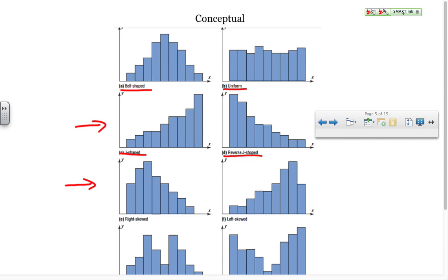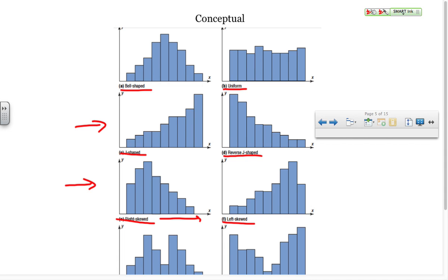Right and left skewed. You will notice that the right skewed is larger on the left side. That's because we're saying it's skewed to the right because it's more spread out on the right side. And left skewed, you'll notice it is larger on the right.